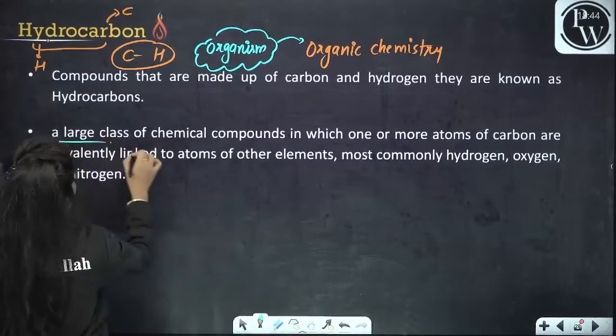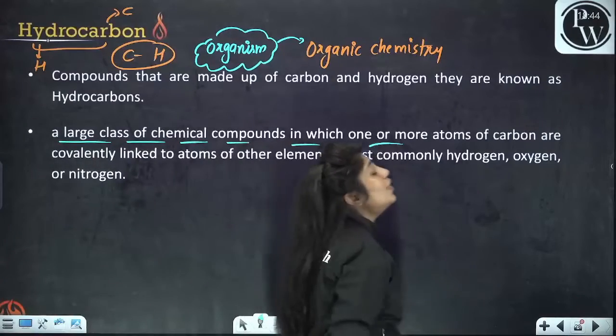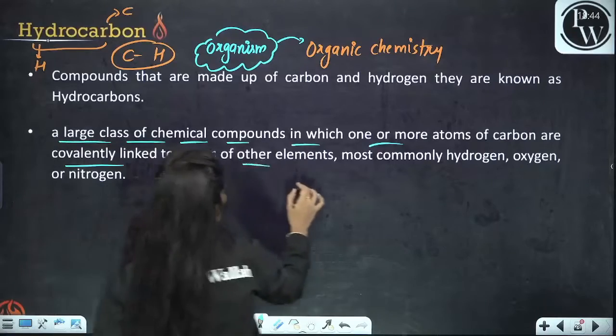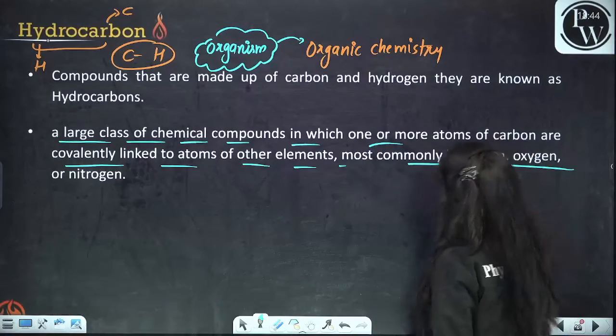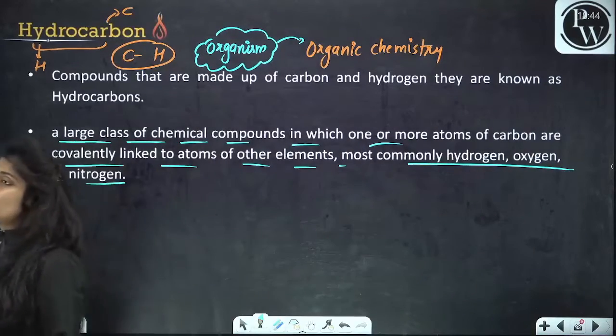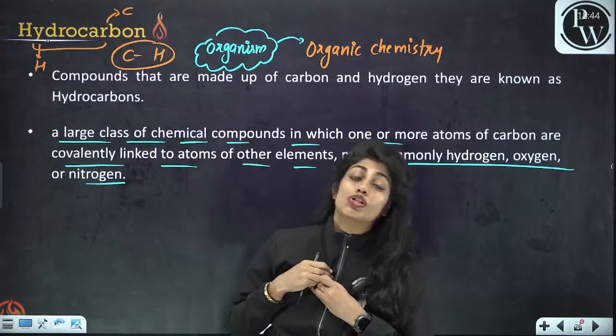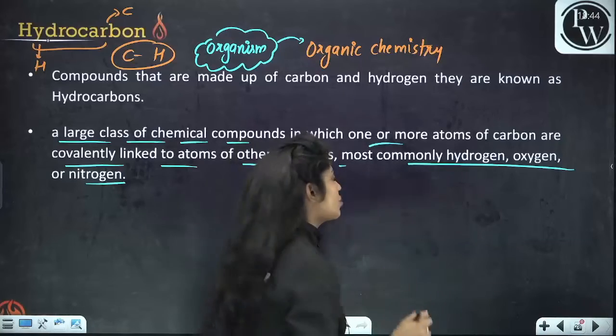Now, a large class of chemical compounds in which carbon is covalently linked to atoms of other elements, commonly hydrogen, oxygen or nitrogen. So we are going to discuss hydrocarbons that also contain not only hydrogen.